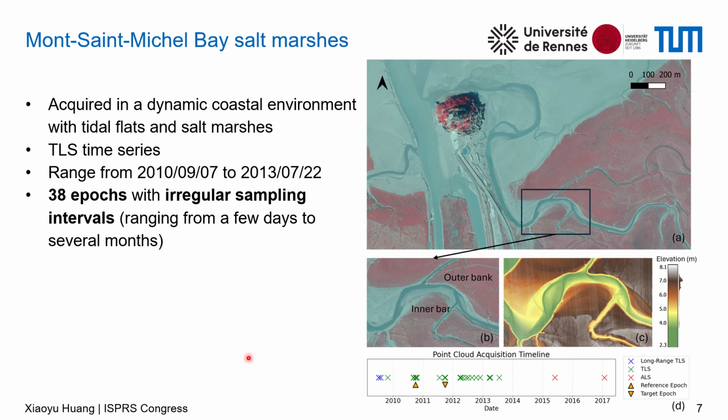Notice that their acquisition intervals are extremely irregular, ranging from a few days of intensive monitoring to gaps of several months. So this data perfectly captures the temporal irregularity challenge we discussed at the very beginning.